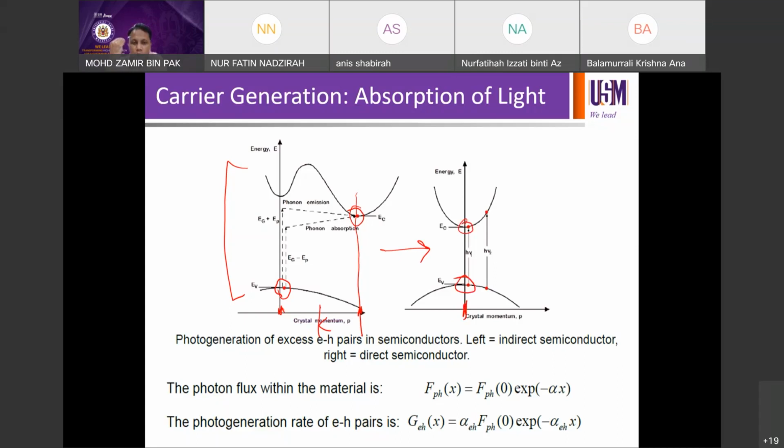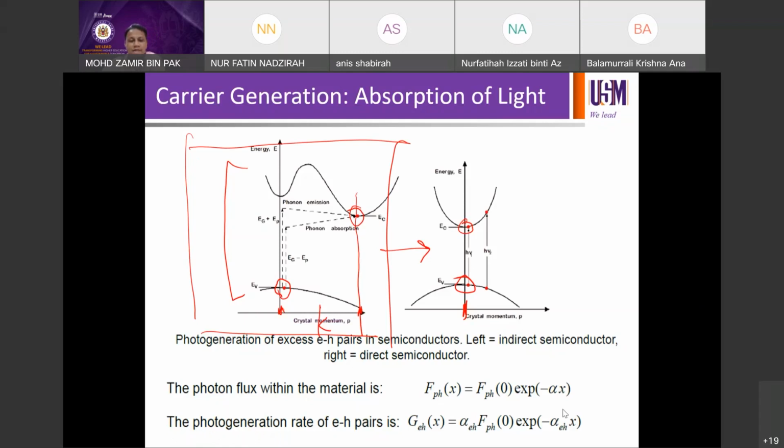So let's recall, what are the examples of semiconductor materials on the left? What are the examples of semiconductor materials which have indirect band gap properties? Ni recall tajuk yang kita belajar awal dulu. Let's hear from Anis. Do you have any idea, Anis? Oh, Anis ada dua ni. Anis Syabirah, Anis Amira.